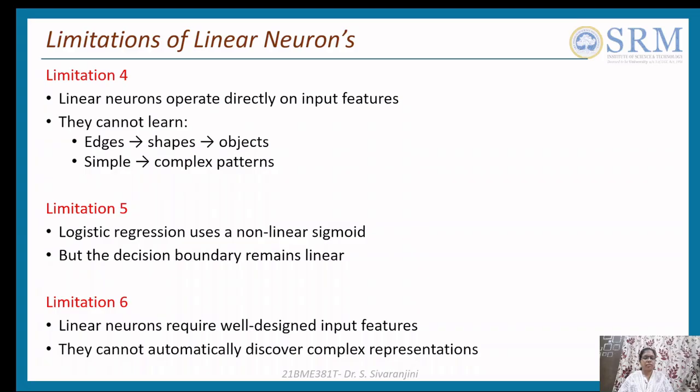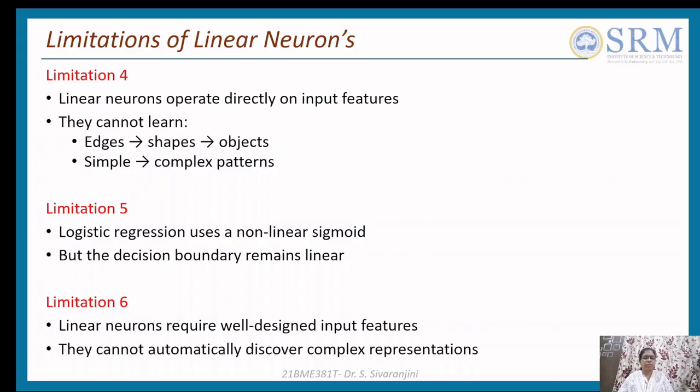So in this lecture, we have seen how logistic regression can be used, what kind of loss function is used for it, what activation function is used, and what the limitations are of networks that use linear neurons. To conclude, we need neural networks, and from neural networks we need deep learning networks.